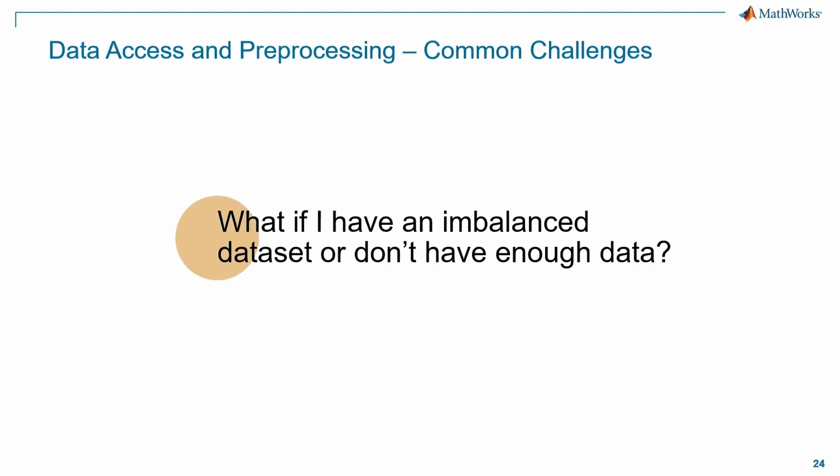The third question we often ask ourselves is, what if we have an imbalanced data set? When you start training your deep learning model, how can we be confident the data you have is enough? You need more data to get to a higher accuracy, or to make the model robust, or to use a different model that simply requires more data.